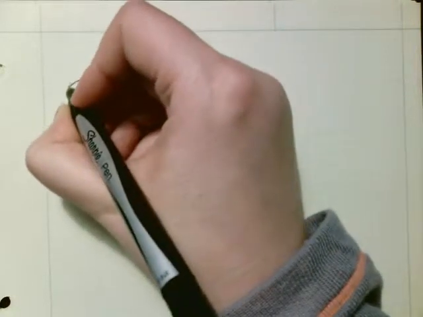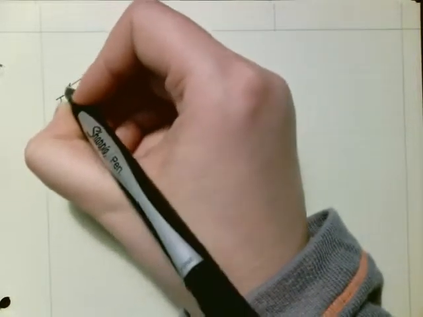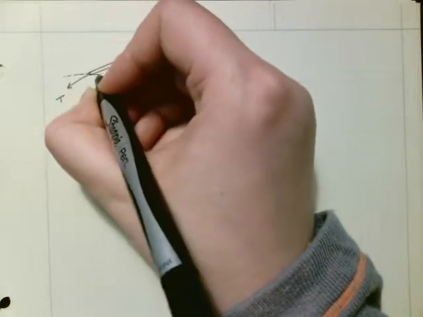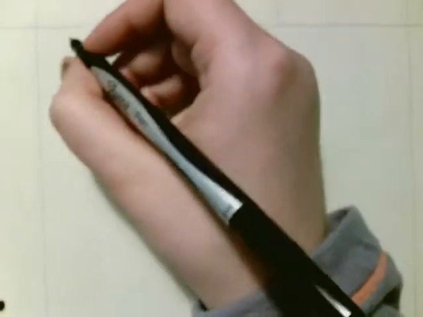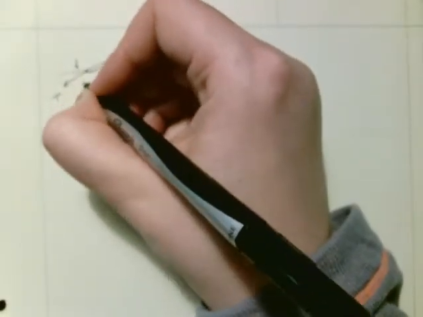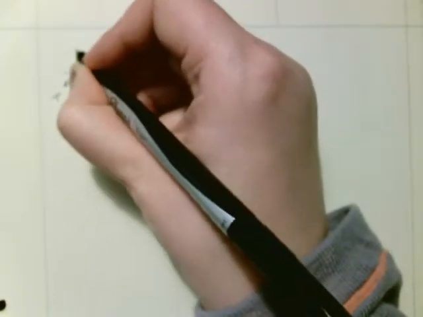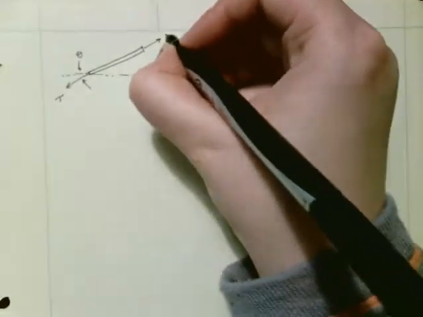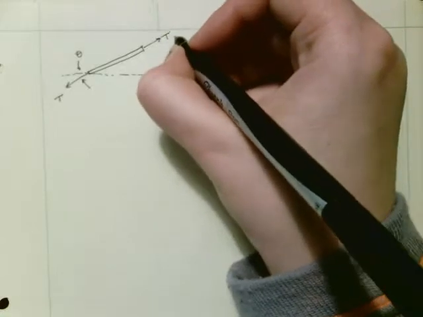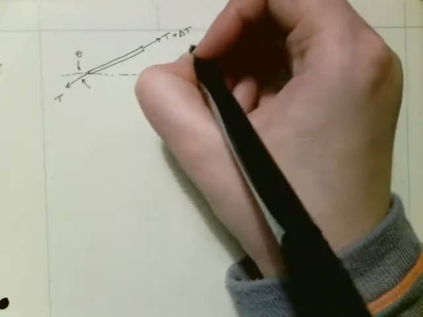We would have the tensile force. This would coincide with the x-axis, and this difference right here would be theta. Then on the other side, we would have the tension plus the change in tension.